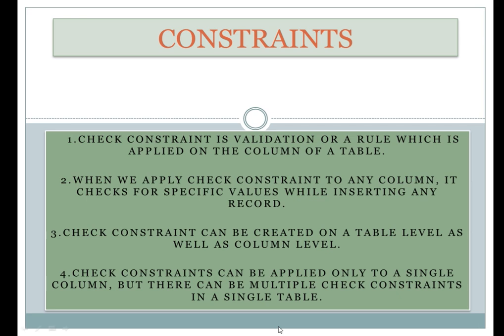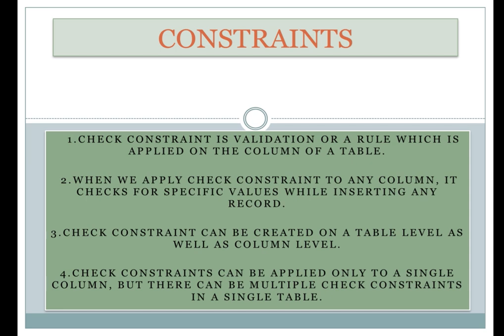What is a constraint? A check constraint is a validation or a rule which is applied on a column of a table, on a particular attribute which is present in the table.